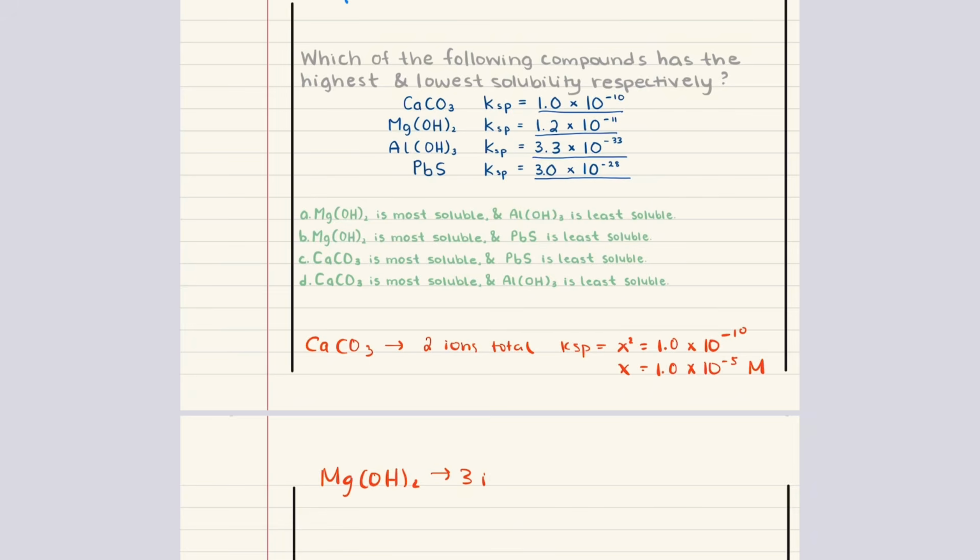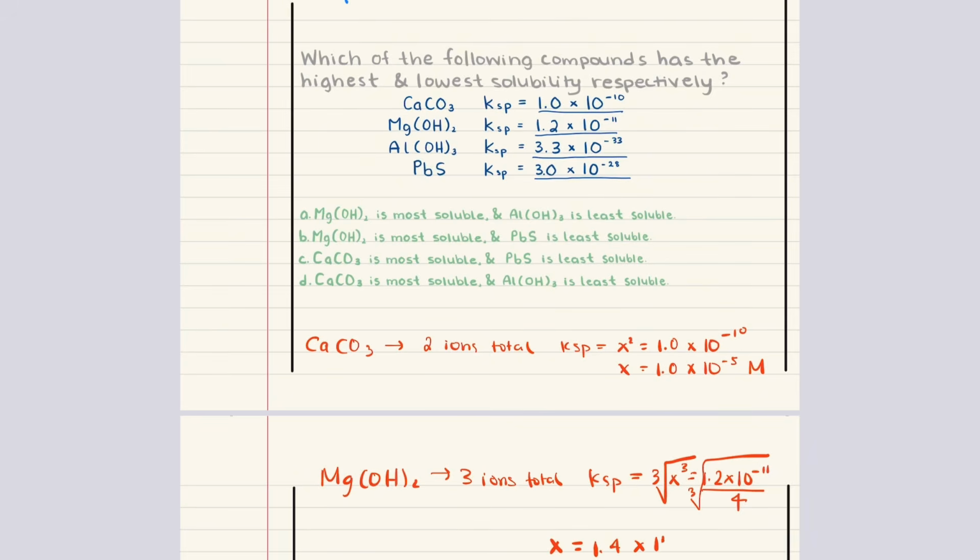That is a total of 3 ions, so KSP equals 4x cubed. So x cubed equals 1.2 times 10 to the negative 11 divided by 4, which is about 3 times 10 to the negative 12. The cube root gives roughly 1.4 times 10 to the negative 4 molar.